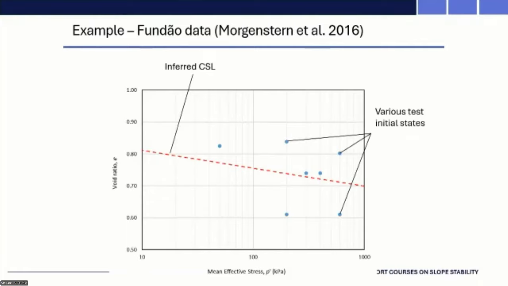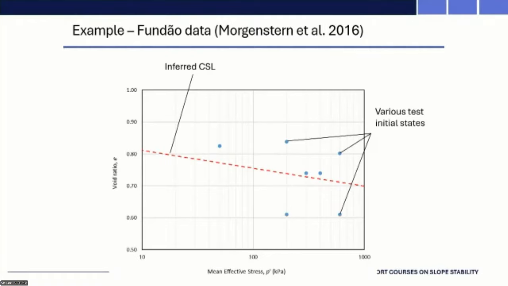And here is some data dug out of the forensic report from Morgenstern, where they'd been consolidating from different initial stresses. These are the points at which they started shearing. But you can see they're lying either side of the critical state line for that material. So when I talked about SHANSEP prior to lunch, that was on the supposition that your normal consolidation line and your critical state line stay parallel and stay the same distance apart.